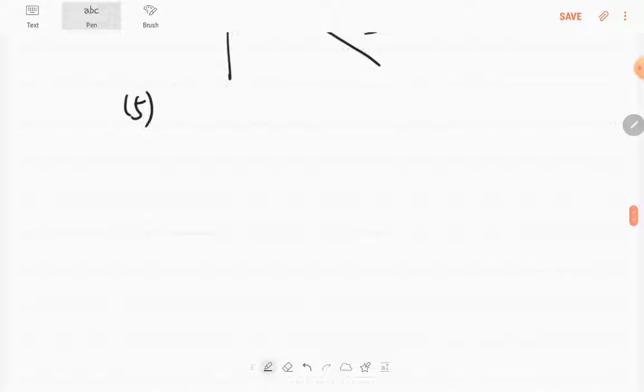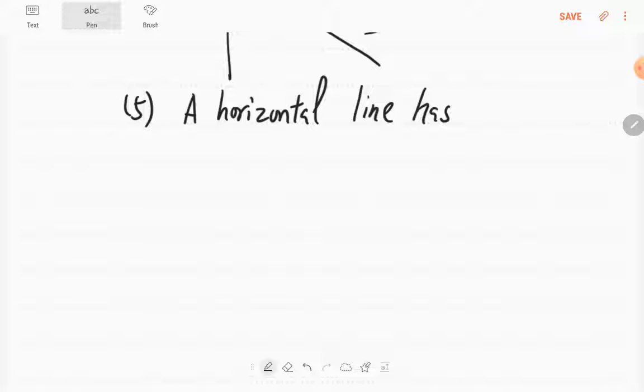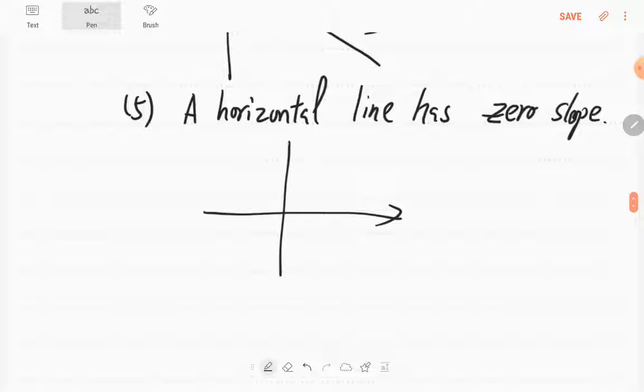If you have a horizontal line, it has 0 slope. In other words, this line has a slope equal to 0.